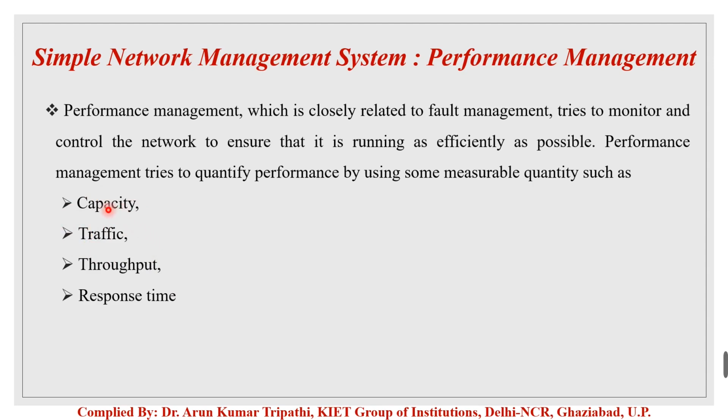If the capacity of the system is higher, then throughput will be higher. If the capacity of the system is higher, the response time will be lesser. So there is some relationship between traffic, capacity, throughput, and response time. They are interrelated to one another.